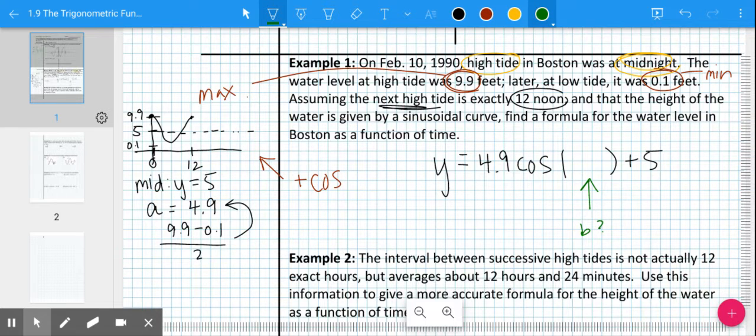One whole period right here is 12 hours. If the period is 12, then that's the same thing as 2 pi over b equals 12. Solve for b, and you should get pi over 6. So we're going to put a pi over 6 times our input variable in here. And that's how we get our equation for this.